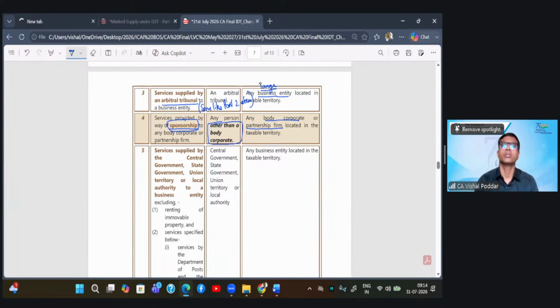So this is the difference between sponsoring and advertising or marketing. In advertising, marketing, you only put one specific ad. In sponsoring, your name gets linked to that event. It gets linked to that show. That is what is sponsoring. Correct?